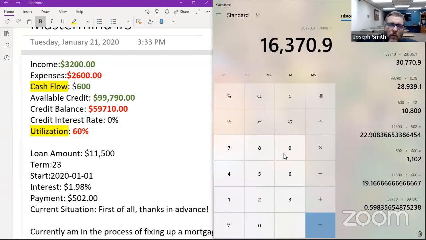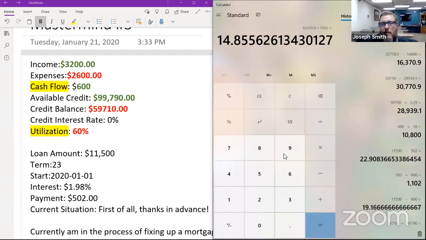But now, after 2 years, we divide by $1,102, and that's an additional 14 years. So now we're seeing, man, if I'm going to do this on my own, it's going to take me like 16 years at the small little cash flow that I have.